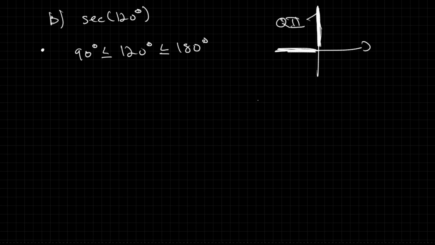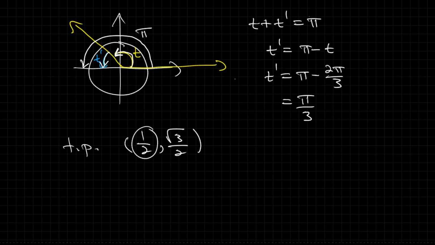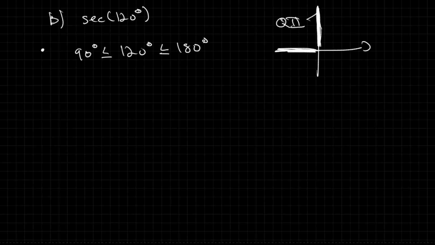And you could draw a picture of what that looks like, but we already drew a picture of an angle in quadrant 2. That's here, and we figured out that t plus t prime is pi. So 120 plus t prime has to be pi, but we're in degrees, so this has to be 180 degrees, because pi radians is the same as 180 degrees.